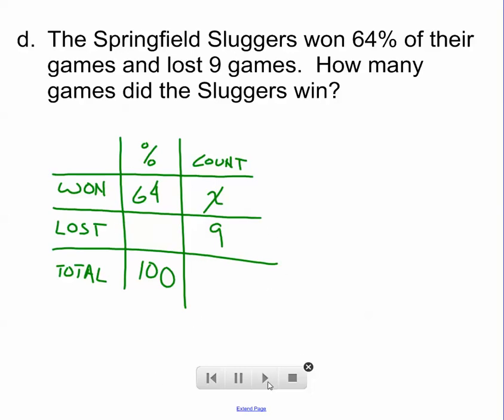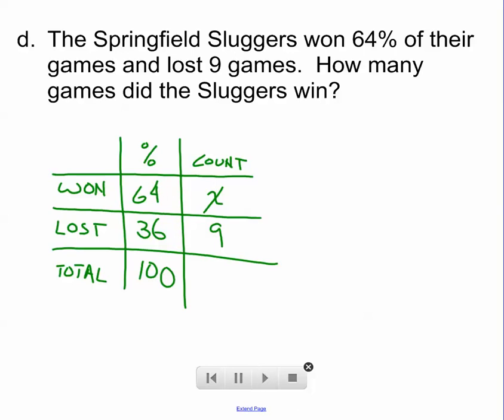There's one little piece of information we have to figure out, and that is that they lost 36% of their games. If they won 64, they must have lost 36% of their games, because that's the only way you can add up to 100. There's nothing else besides winning or losing. I guess there's tying, but we're going to assume that there's no ties. So 100 minus 64 is 36.